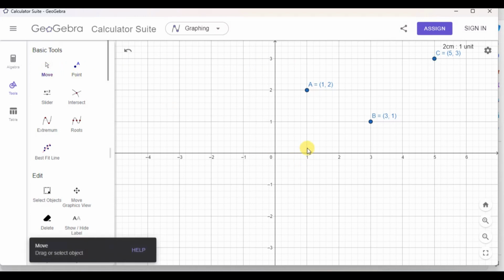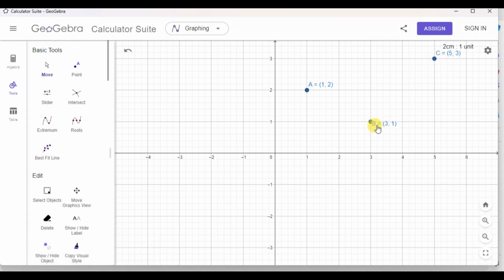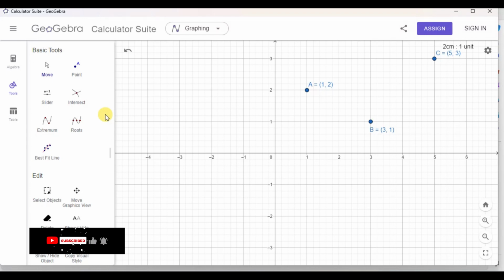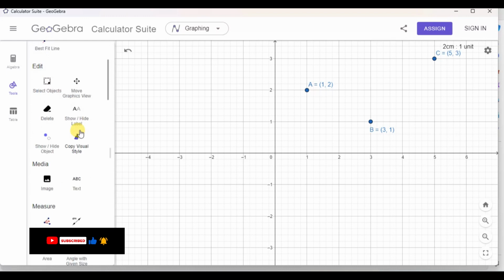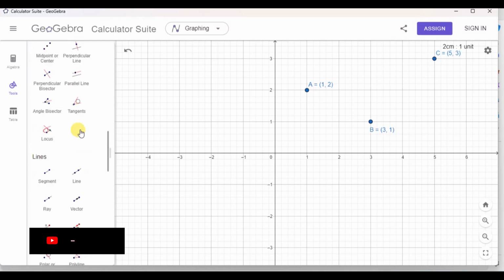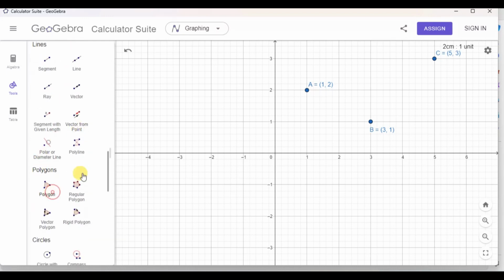Now we have all the figures drawn. In your question, they will ask you to join it using a straight line. So we also join it using a straight line. So I'm going to use the polygon tool to do that. So from A, I join it to B, and I join to C, and I join it to A. So I form a triangle.